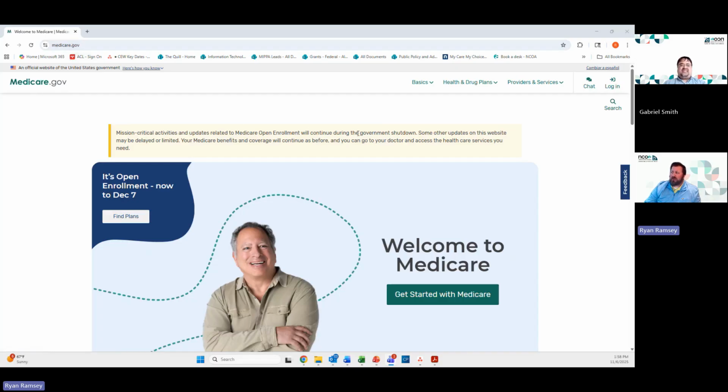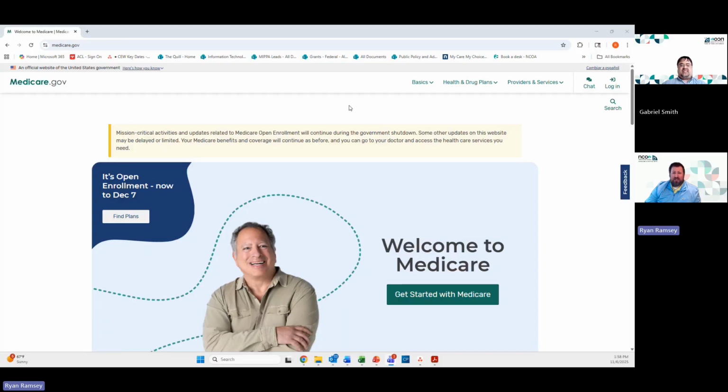When you navigate to this website, this will be the home screen that you see. You'll see a lot of information about how to get started with Medicare. And of course, right now, because we're in the annual enrollment period, which spans from October the 15th through December the 7th, you'll also see some information about how to find plans for the annual enrollment period.